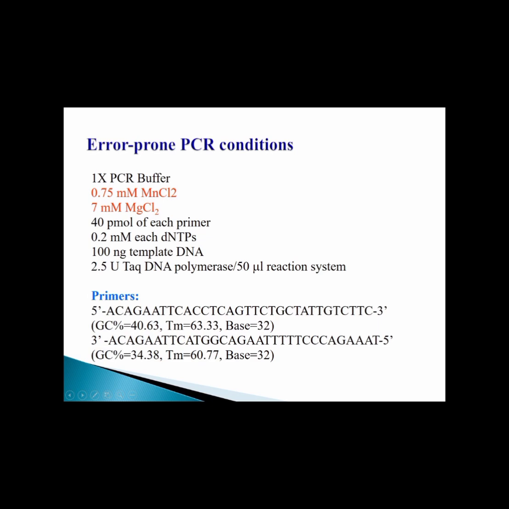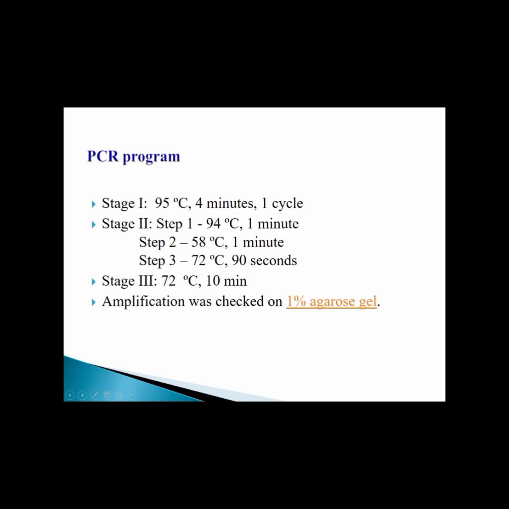Error-prone PCR conditions. This is a typical error-prone PCR condition where magnesium chloride is 7 millimolar, and we have added manganese chloride also in the PCR reaction, and primers have been shown, and other conditions are the same. This is the thermocycling parameter.